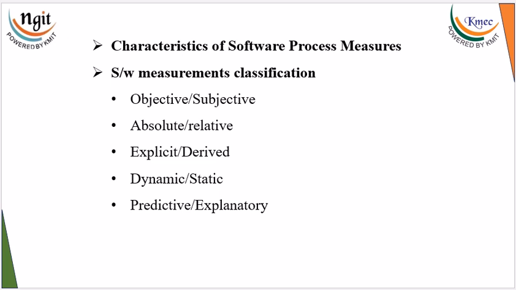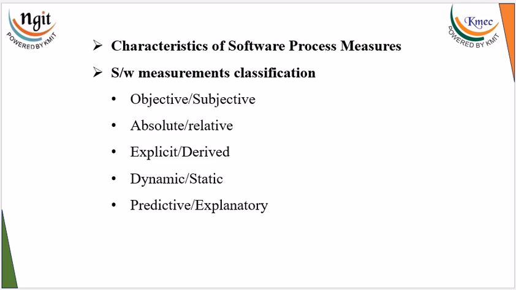But relative measures are changeable or reactive in nature. And next, explicit versus derived. Explicit measures are taken directly, but derived measures are calculated from other explicit measures or derived measures.